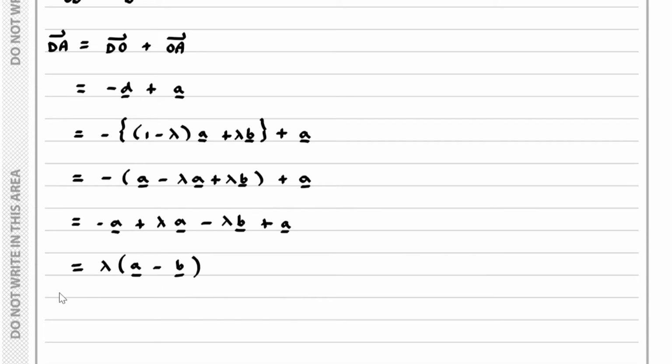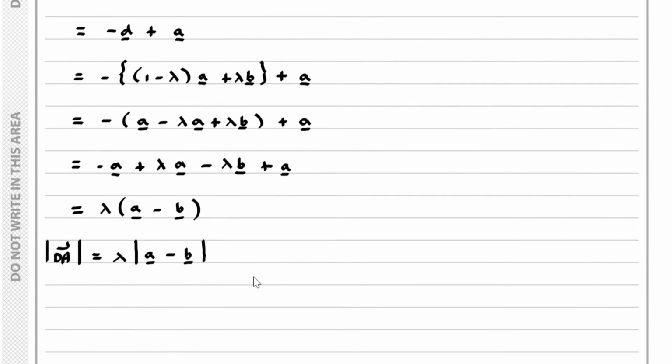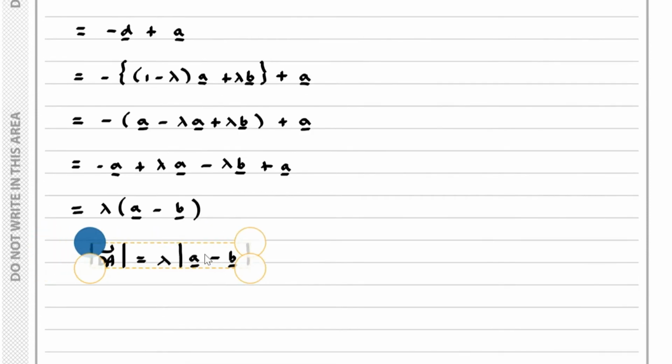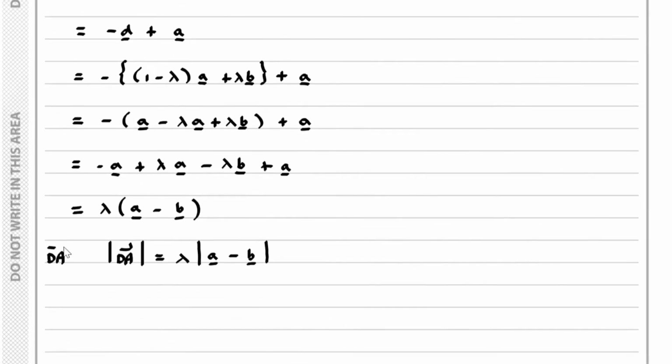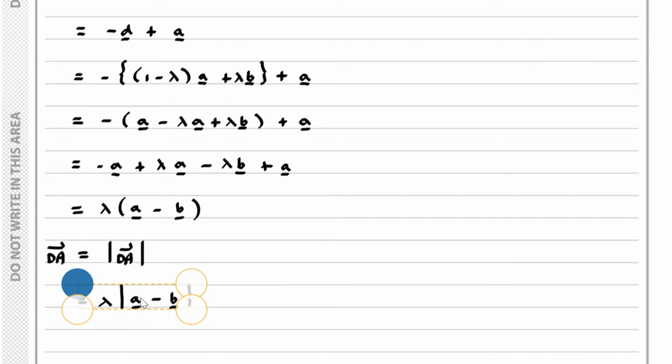So that's what dA is, and so therefore the magnitude of dA is lambda multiplied by the magnitude of a minus b, like so. dA is equal to the magnitude of this, which is shown here.